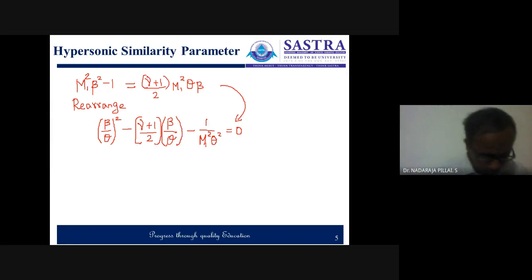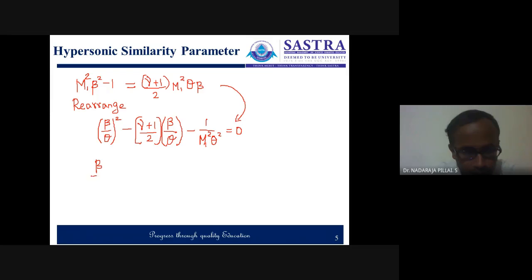So now this becomes, in terms of beta by theta, and it seems to be a quadratic equation. Then we can write the beta by theta. We know beta by theta now.